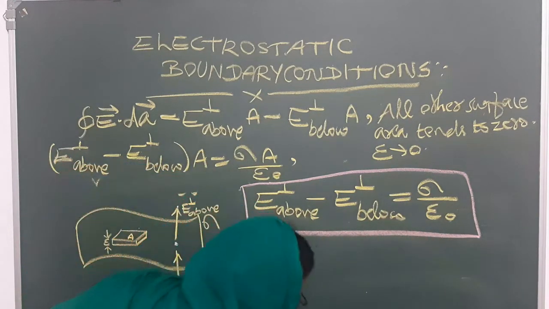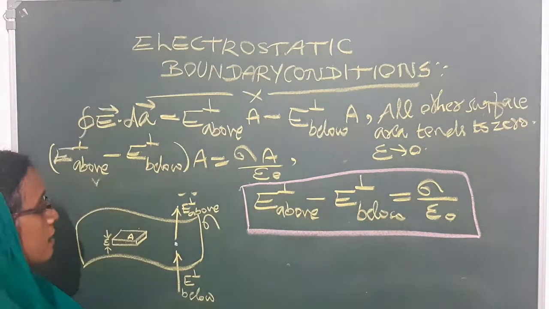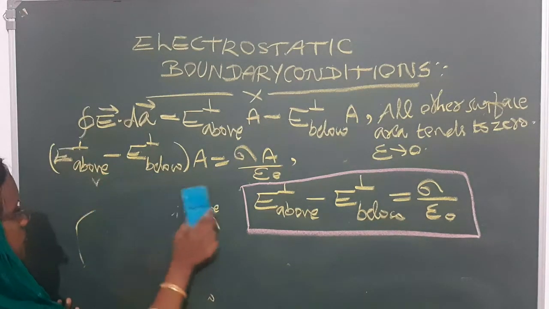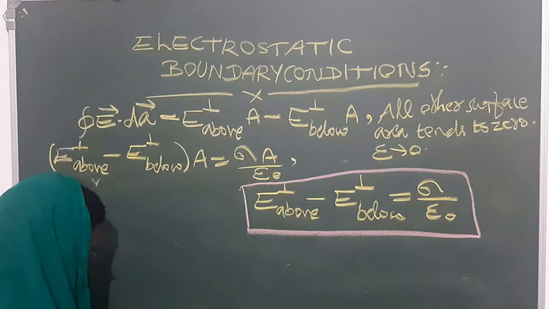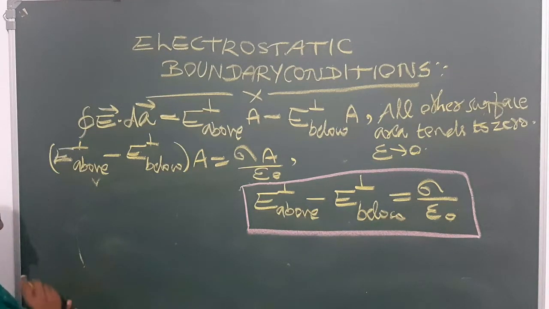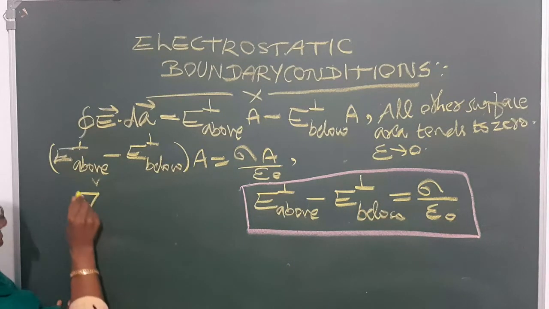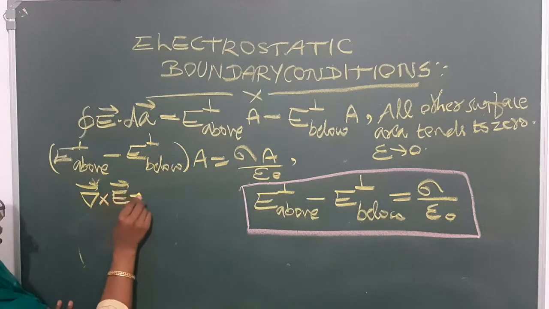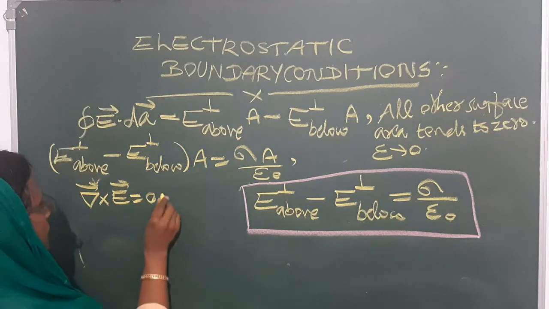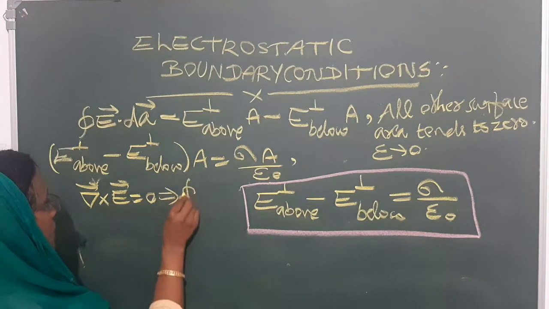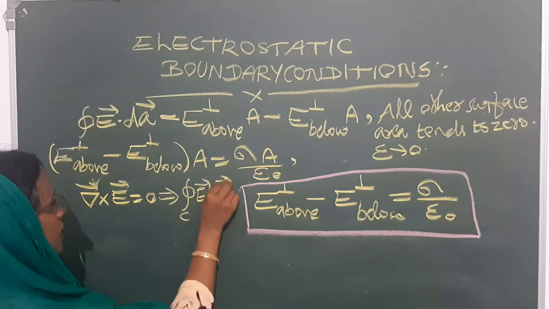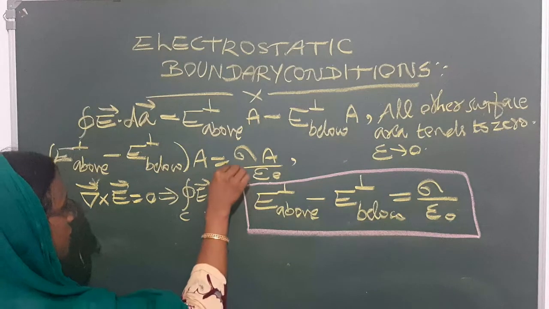Now we can check the second condition, del cross E. Del cross E equals 0, which implies the closed line integral of E dot dl equals 0.